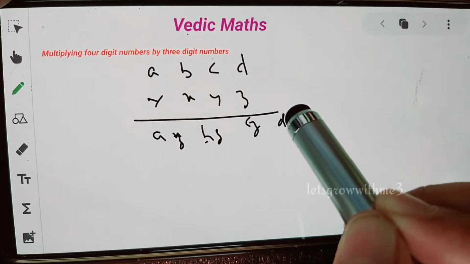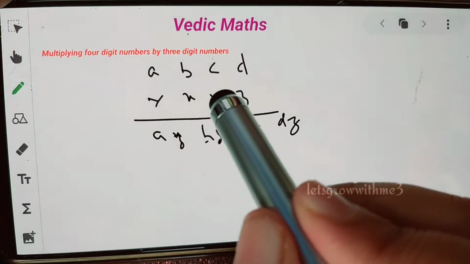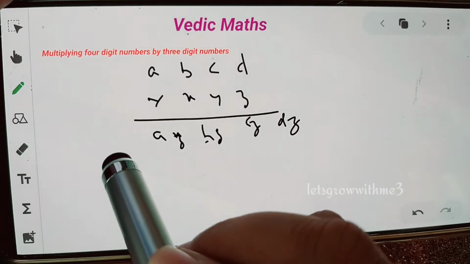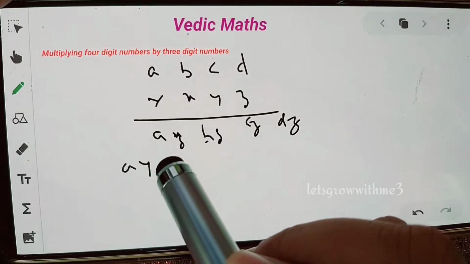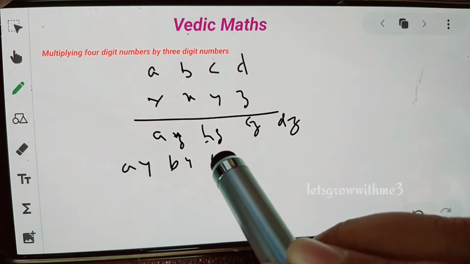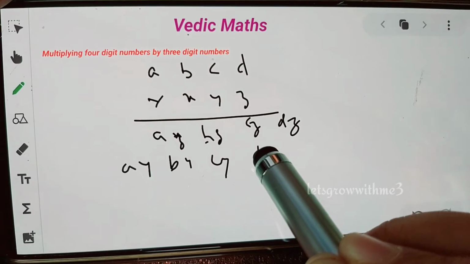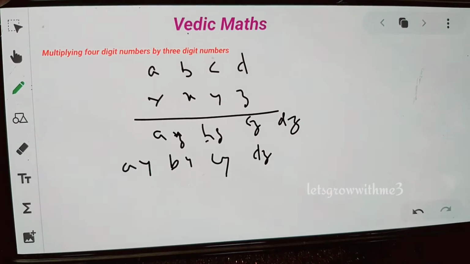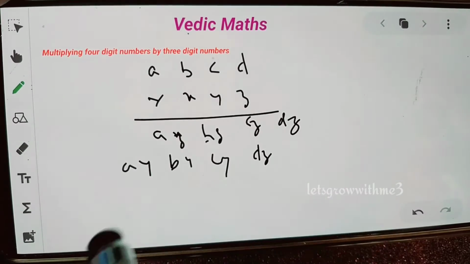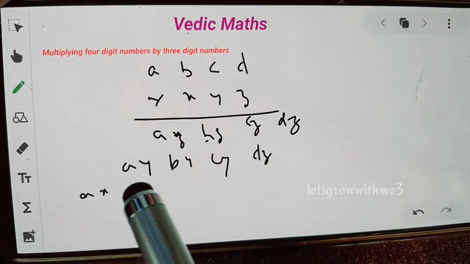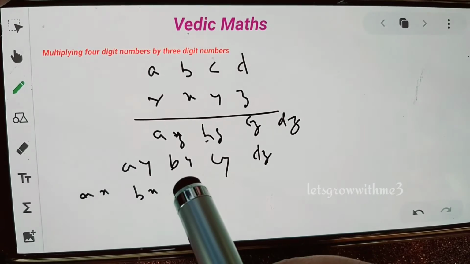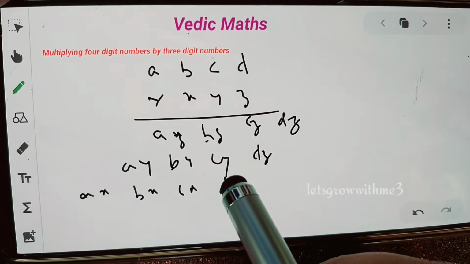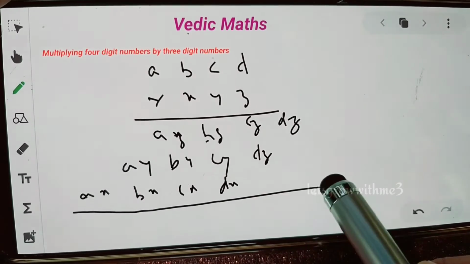Next we multiply with y, and the values are ay, by, cy and dy. When we multiply with x, the values are ax, bx, cx and dx. That's how we solve this kind of question using the conventional method.